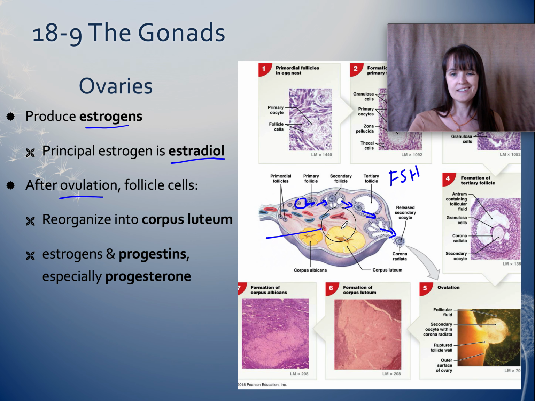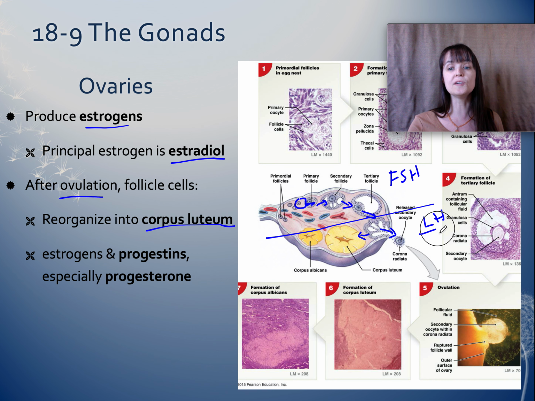And then that's like the first half of the cycle. Second half of the cycle, there's like a surge of luteinizing hormone, and that causes the ovulation. It causes the release of the oocyte, and then that follicle turns into a corpus luteum.